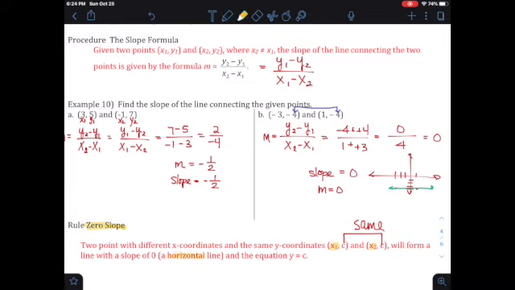Horizontal line like I said. And the equation is y equals c. Or if you think about it, where is the location of -4? -4 is in the y position for both points. So the equation is just y equals -4, because of the yellow part, if you guys can see it. Okay?